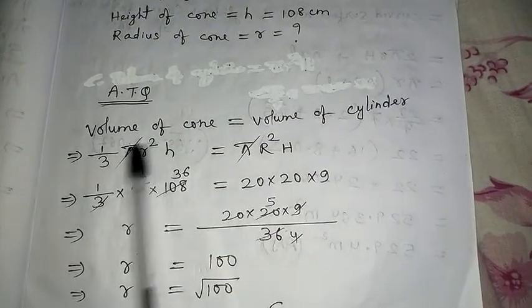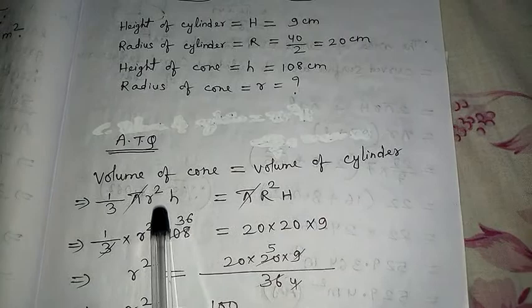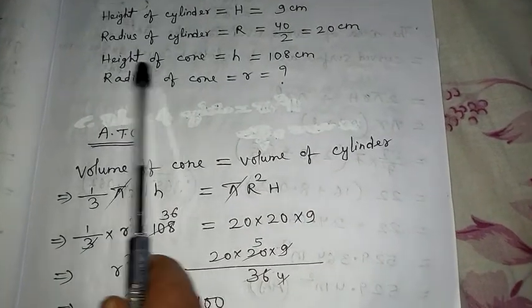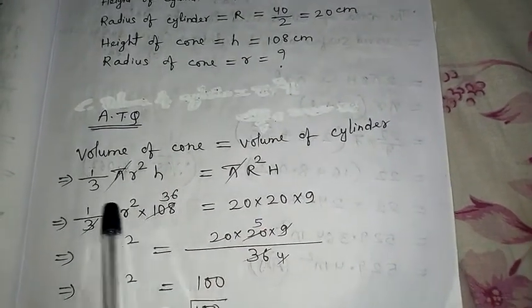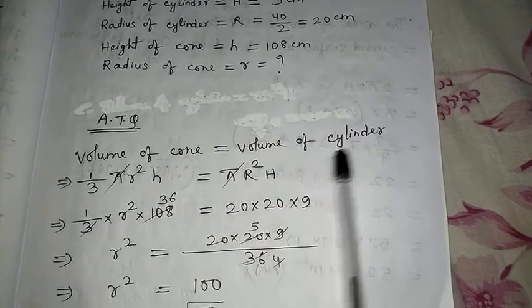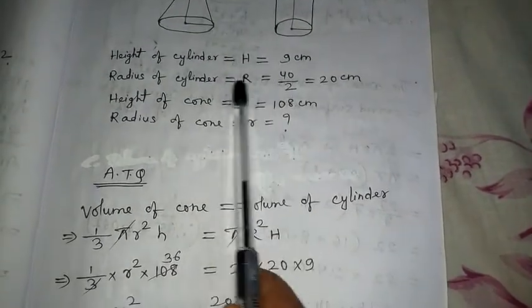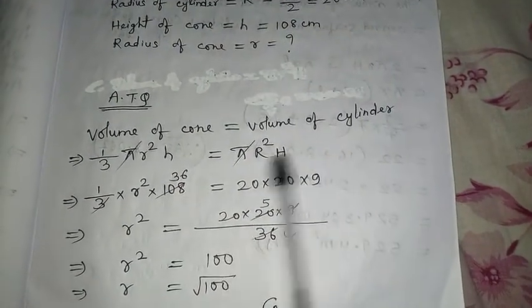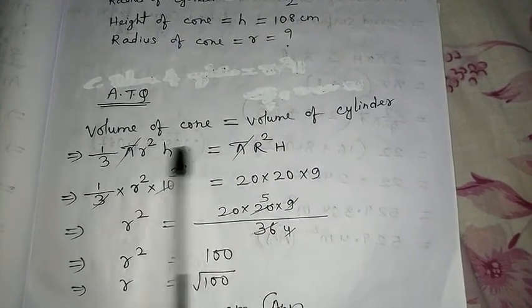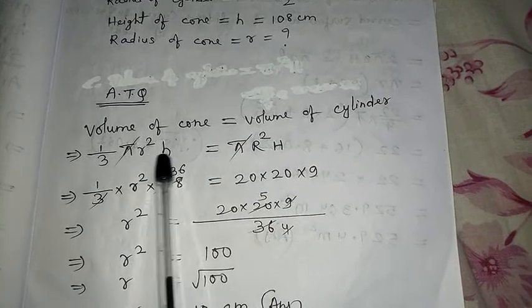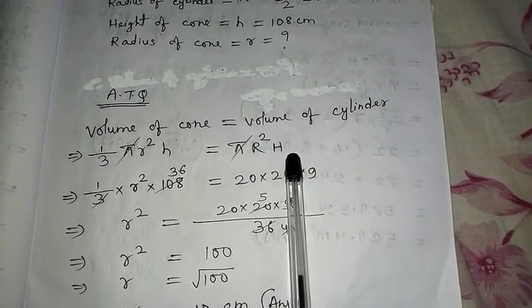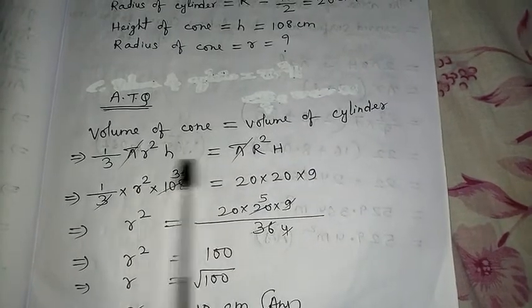Now volume of cone is 1 by 3 pi small r square small h, because for cone I have denoted small letters, and volume of cylinder is pi capital R square capital H, because for cylinder I have denoted capital letters. So pi can be cancelled, both are equal, whereas r cannot be cancelled, h cannot be cancelled because they are not equal in values. That's why capital R and small r.